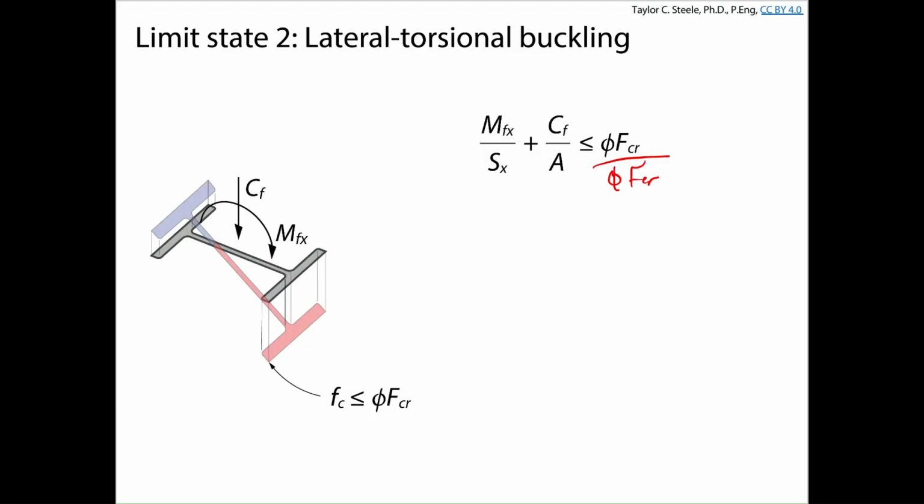And the other thing we're going to do, this is an approximation and a conservative one. FCR is the moment resistance for an unbraced beam divided by SX. That's the critical stress that would cause lateral torsional buckling of the compression flange. We're going to assume that that stress is going to be equal to either the torsional or weak axis compressive resistance divided by the area.